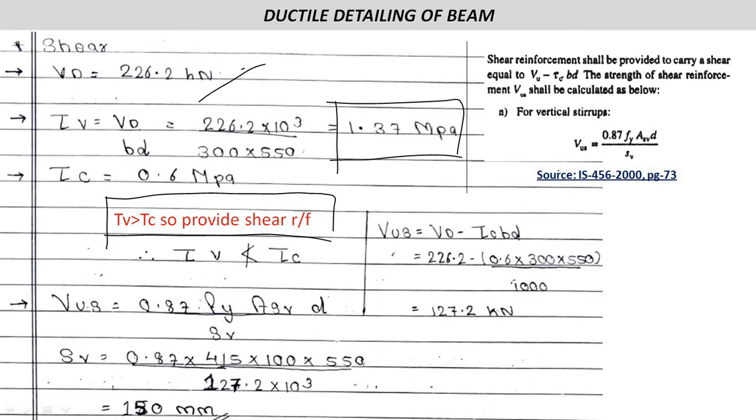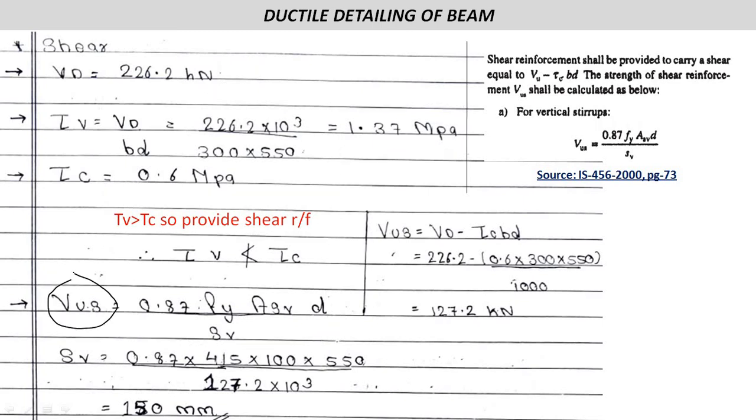The equation for vertical stirrups is provided in IS 456 2000 page number 73, which says VUS equals 0.87 FY ASV D upon SV. For that we will first find the value of VUS.